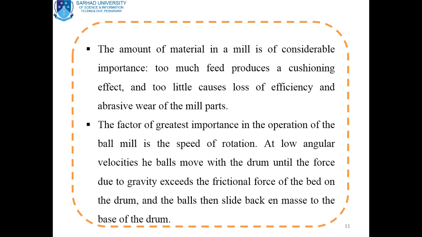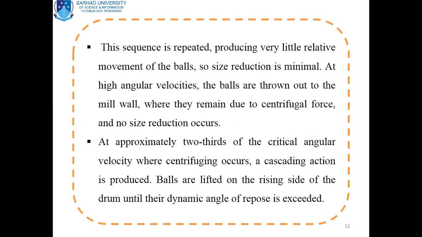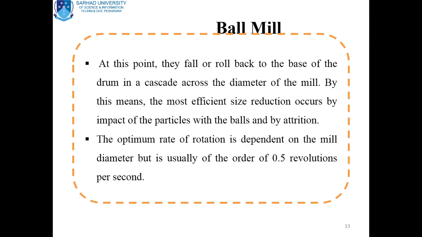At low speed, what will happen? At high speed or high angular velocity, what will happen? And at cascade action, at about 2/3 of the critical angular velocity, there is cascading action, which produces the maximum efficiency of particle size reduction.